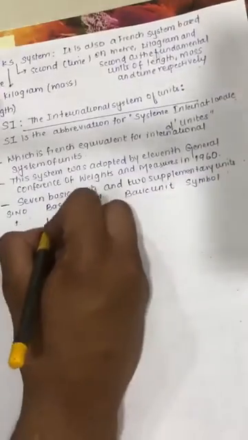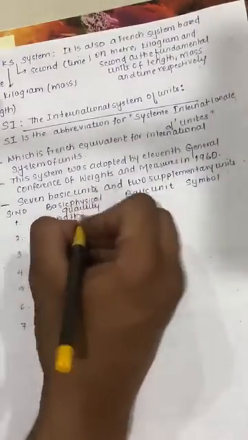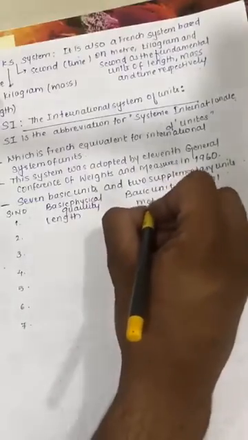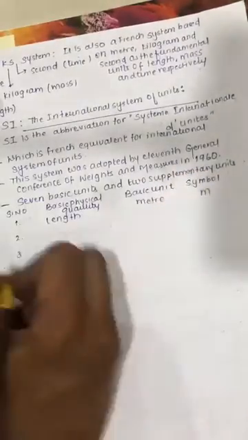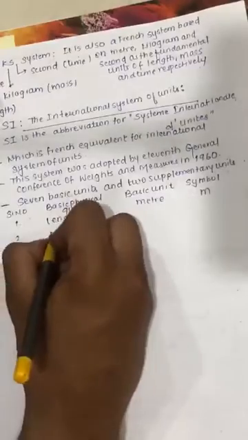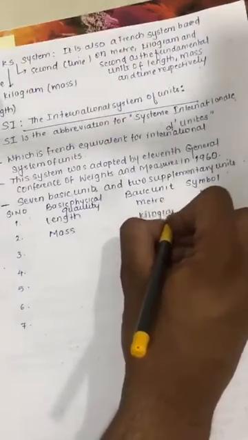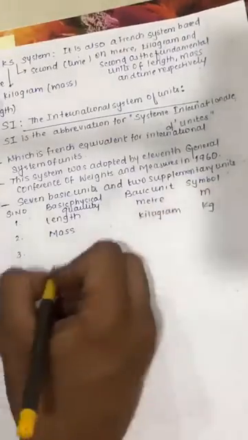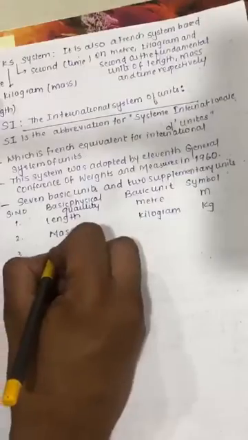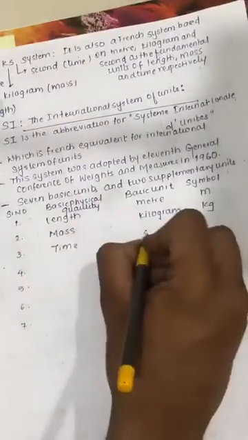The very first quantity, that is length, the unit was meter, denoted by symbol small m. Second is mass, basic unit is kilogram, and symbol for kilogram is kg. Time, second.